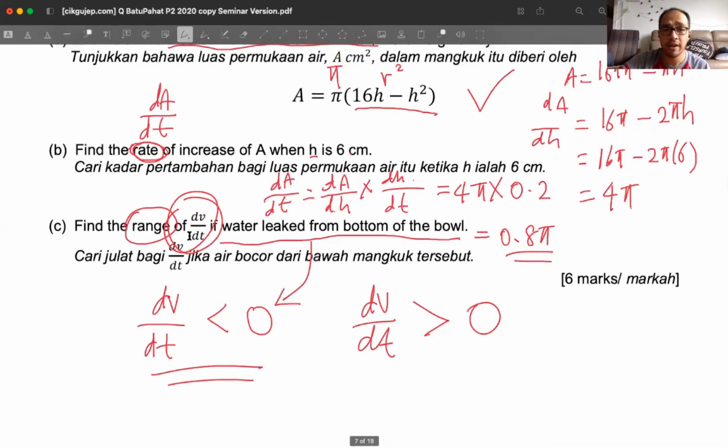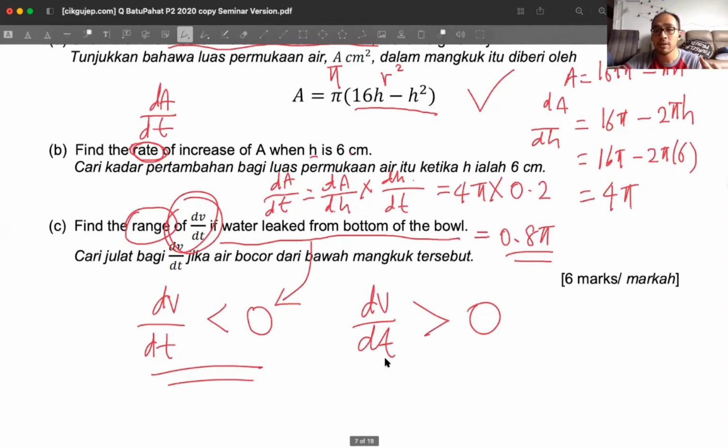But this is a very good question because it's 1 mark, and if you really understand how this works, they tell you to find the range. If they asked you to find dV/dt, it would be a very big problem, which we won't go into. They only ask you to find the range. They just want you to understand that if the water is going away, the rate of change of volume is less than 0, negative, because the water is disappearing. But if you keep adding water, then the range will be more than 0.